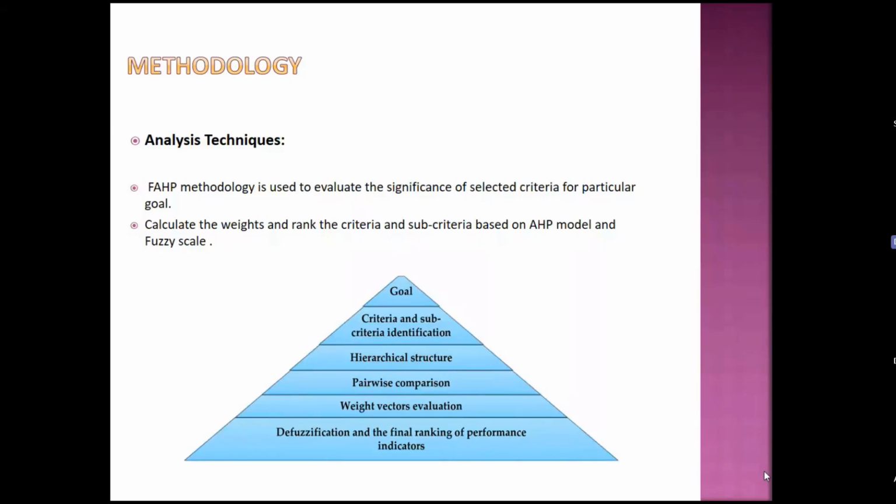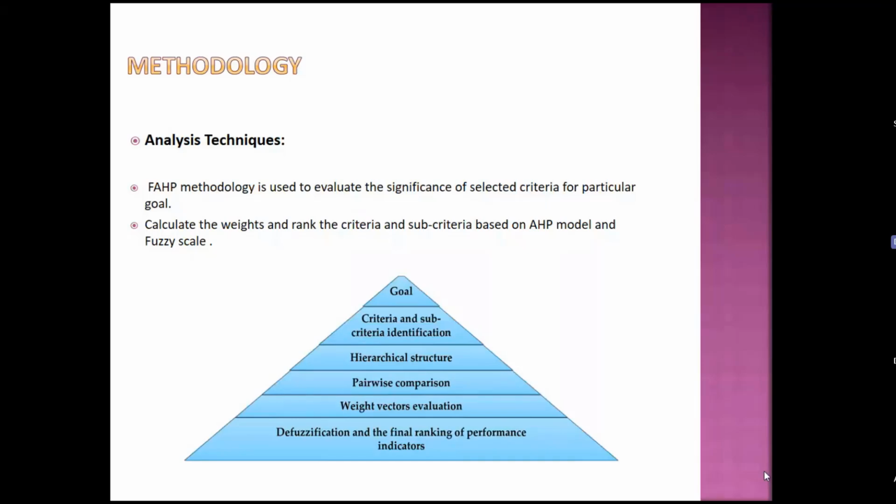In the Saaty scale, we have crisp values in which we directly say 1, 3, 5, 7, 9. But in the fuzzy scale, we have fuzzy values, a set of three values, and we can further say how much more important one criterion is than another.